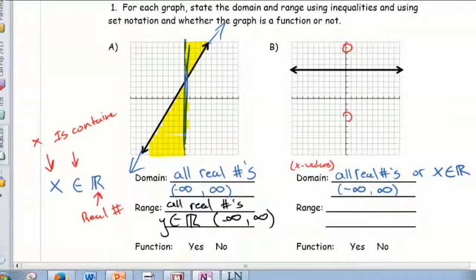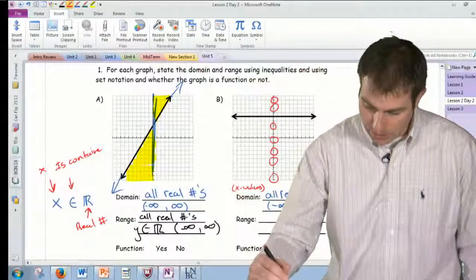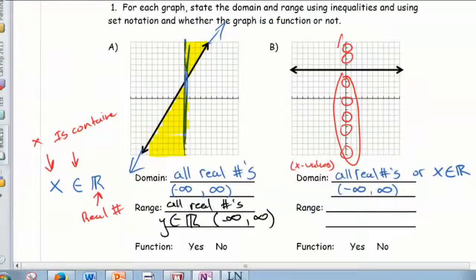Am I using this y value down here? Am I using any of these y values in red? Turns out that this black line isn't using any of these y values. It's using nothing down here, and it's using nothing up here. What y value is it using?